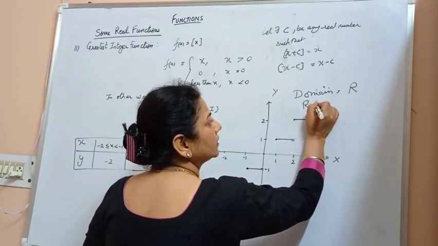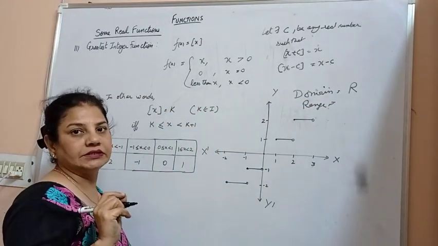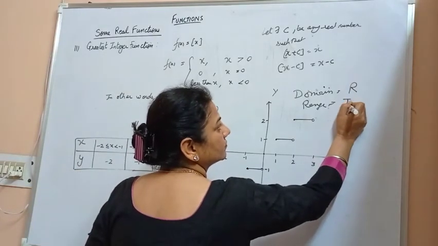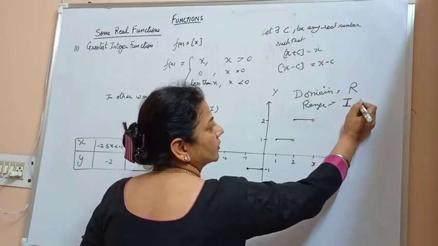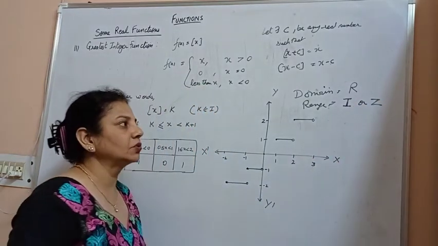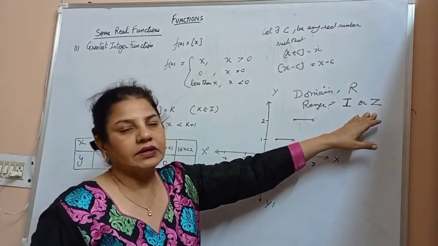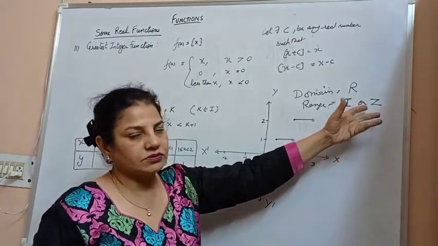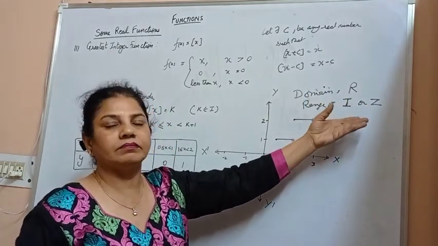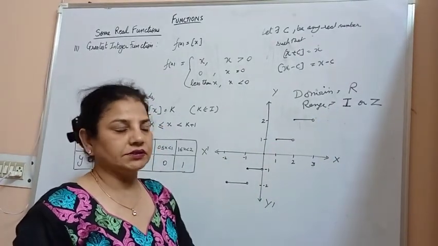And when we talk about the range, the range is the integers. I stands for integer, or you can say Z, because Z is also a symbol for integer and I is also a symbol for integer. You can use either symbol. So the range is the integers.